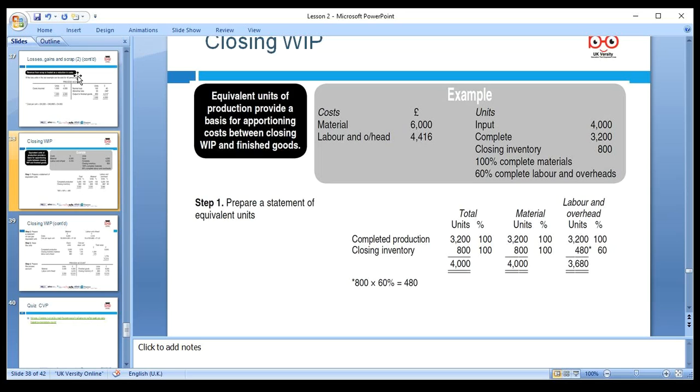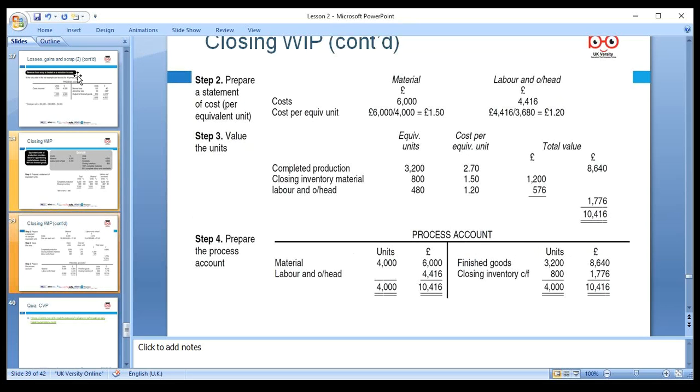Closing inventory is 800, 100%, and then material wise is 100%, labor wise is 60%. So we can find the cost and allocate the cost accordingly.